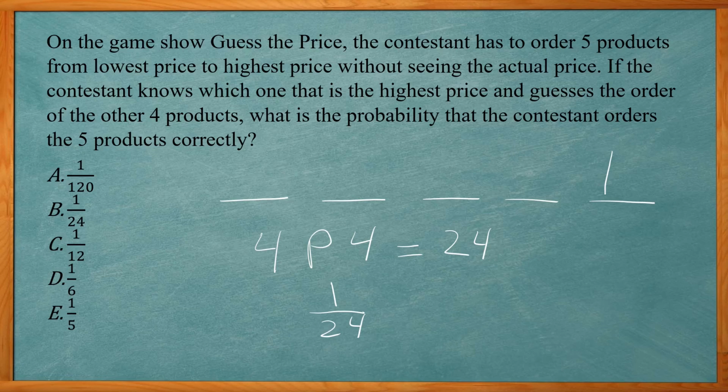So the probability of guessing the 5 products correctly would be 1 out of 24, or 1/24. Now you were able to eliminate the last one basically because you knew which one was the highest. So you need to order the remaining 4, and there's 24 different choices there, and only one of them is the correct choice.